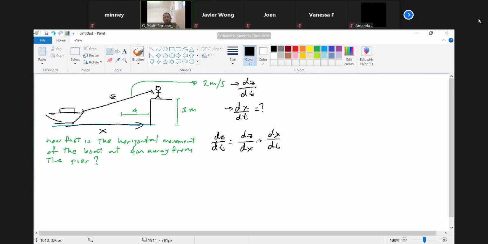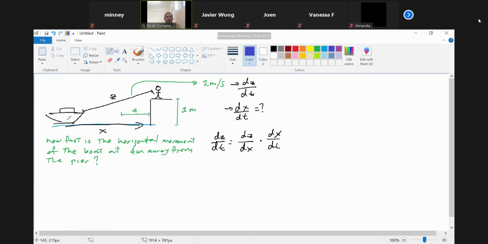So how do we find that information that we need? We already have dz/dt. This is what we are looking for. So the question is, how do we find dz/dx? Is it Pythagoras? Yes, it's Pythagoras.